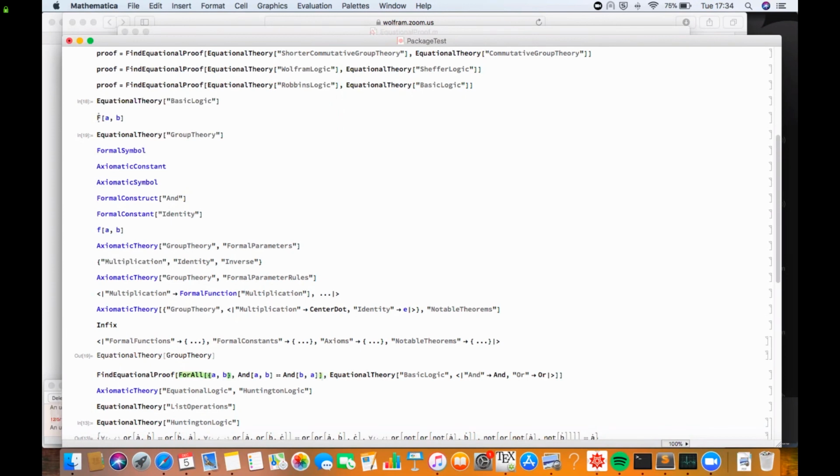But no, I understand. What do you think about axiomatic constant? Or for that matter, axiomatic symbol? I mean, it gives some conceptual contextualization that this is about axiom systems.